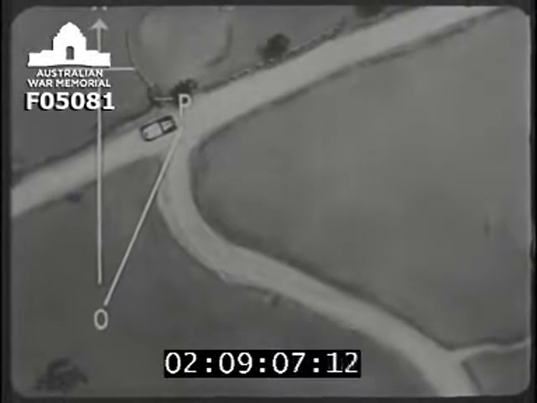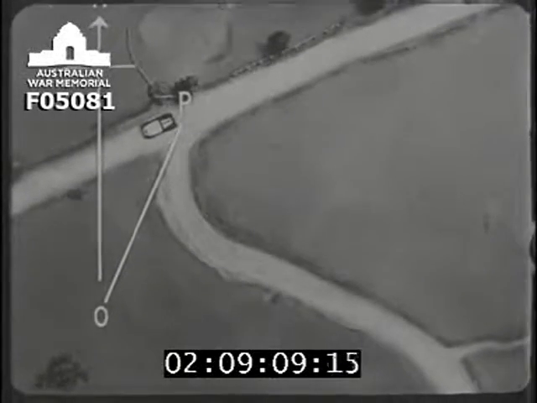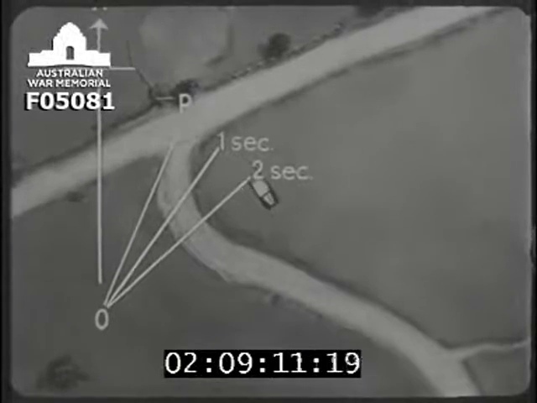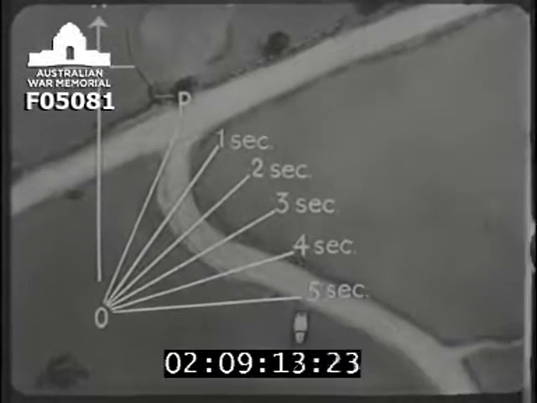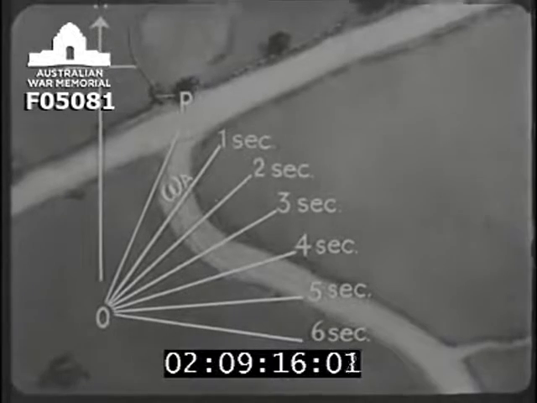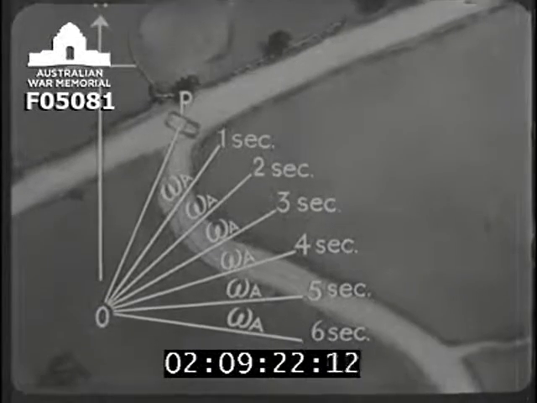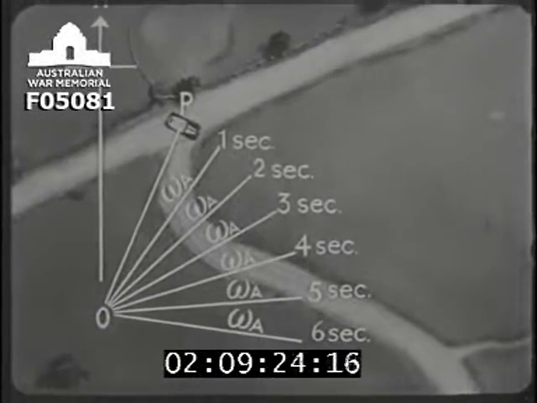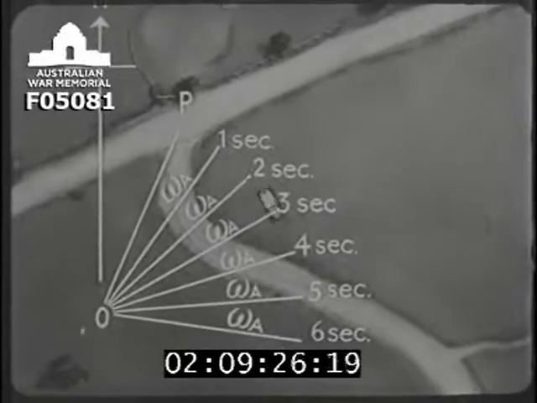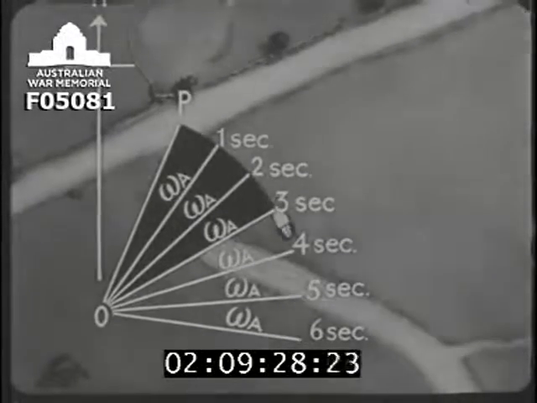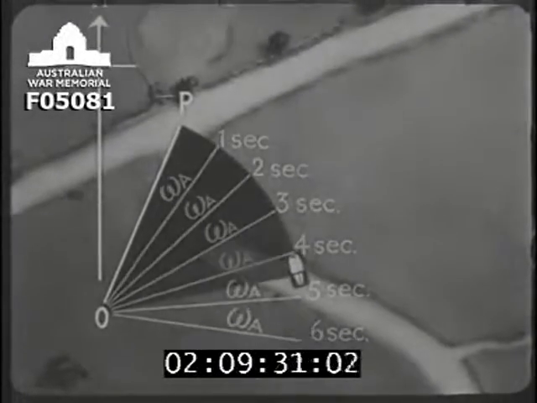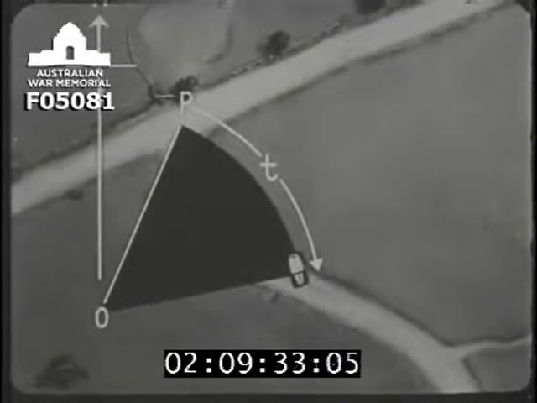The car moves at an even rate, so the bearing to it changes the same amount each second. There are its omega A's. In 3 seconds, it's gone 3 omega A's. And in t seconds, it has changed t omega A.